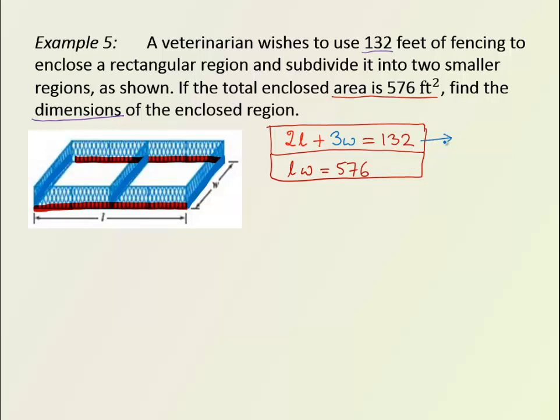How can we do that? Solve the first equation, for example, for L. I will get 132 minus 3W divided by the leading coefficient 2. So this is the substituting expression.